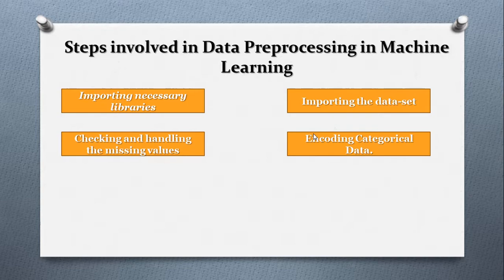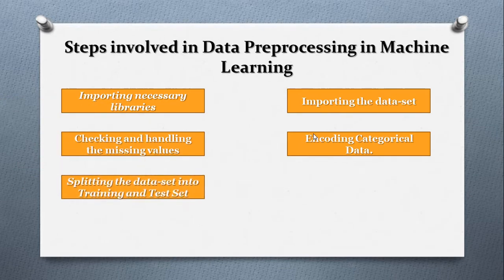It only understands mathematical equations or numerical values. So we need a certain method to convert those text values into numerical values. Then we need to split the data set into training set and test set. We will be covering this later on. And finally, we need to perform something known as feature scaling.